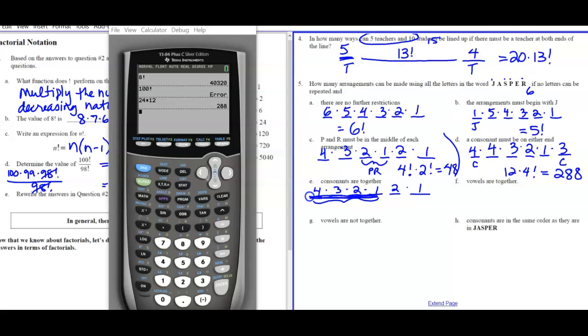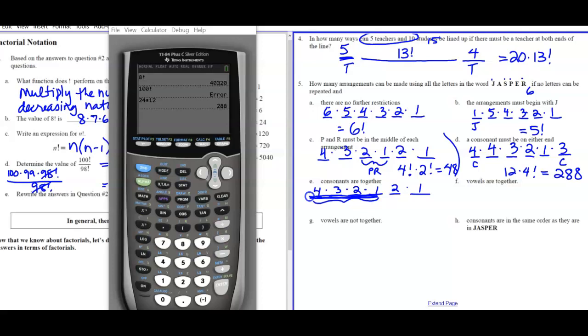So you kind of join up all of those, and then you're really arranging this with these other 2 letters. So this as a group and these 2 letters. So there's 3 ways of putting that together. Okay, so there, between, and at the end.